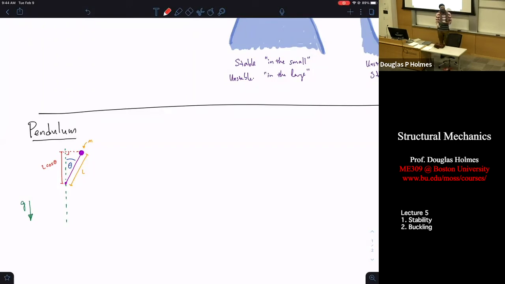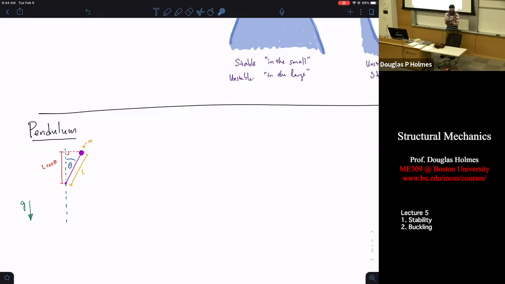And we know that the total potential energy in this gravitational system is just going to be the mass times gravity times this length here, which is the component of the angle that gravity is acting on.